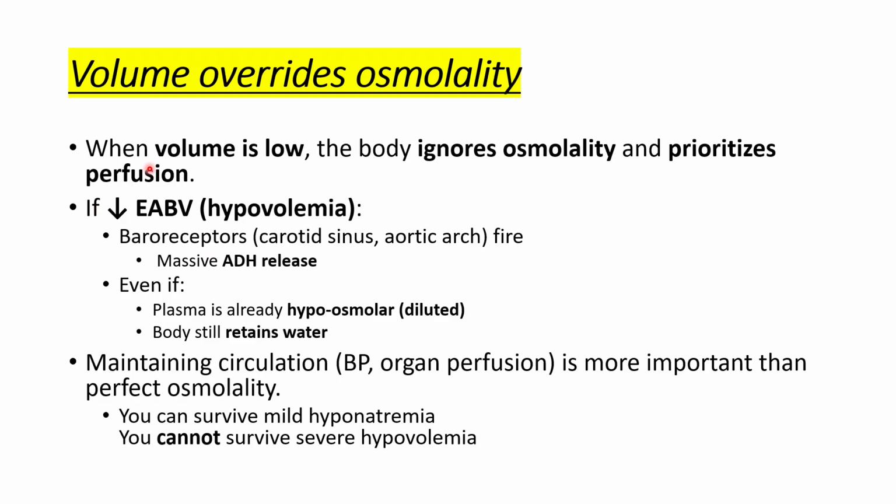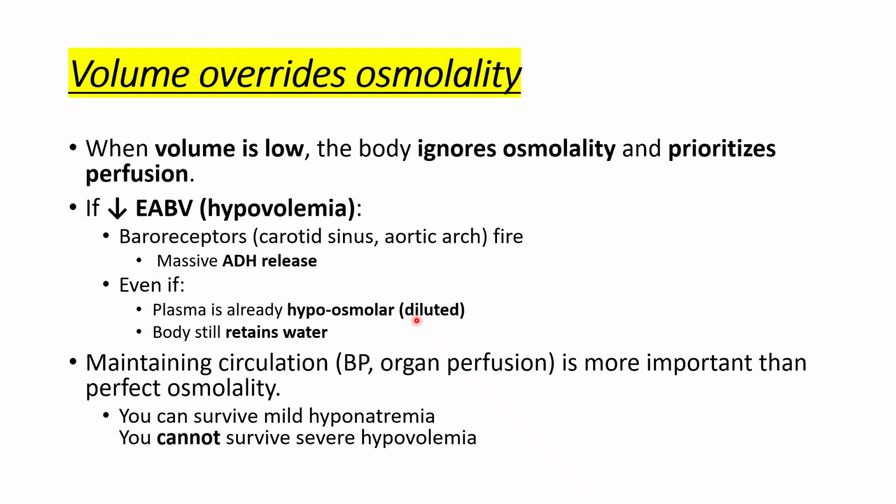So again, understanding that line: when volume is low, the body ignores osmolality and prioritizes perfusion. If the receptors sense that the volume is low, that EABV is low, they will cause massive ADH release, even if the plasma is already hyposmolar, that is, dilute. Even if the osmolality is already low, despite that, due to low volume, ADH will be released.